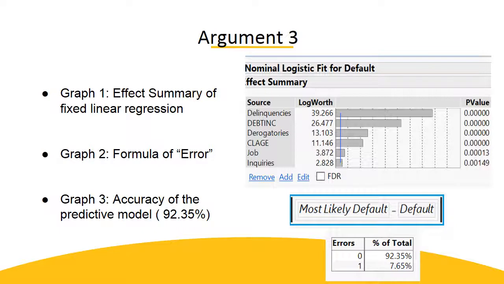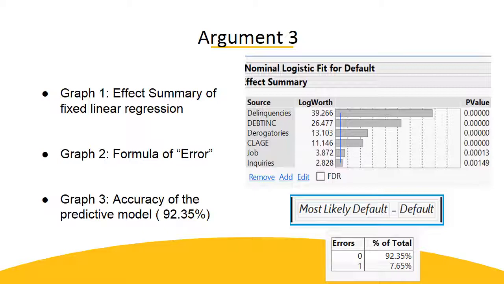As you can see, in the effect summary of our fit linear regression, for those 6 most significant variables, the p-value remains the same, very low, so they are still the most significant ones. And the second is the formula of error. It is the absolute value of most likely default minus default.